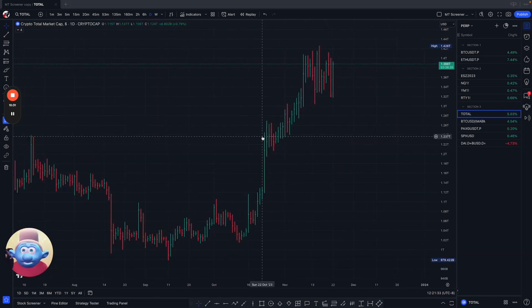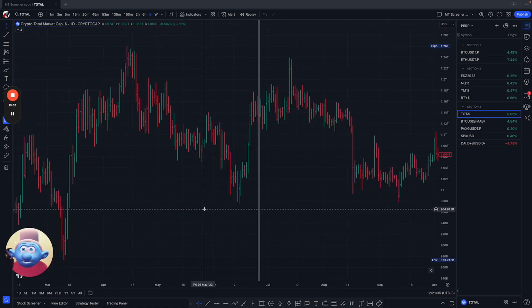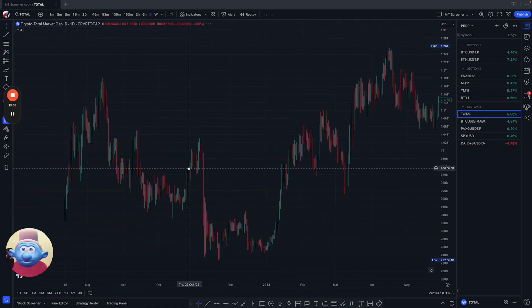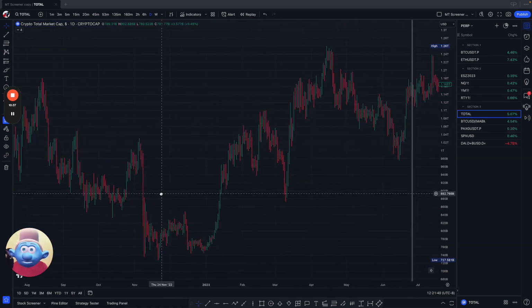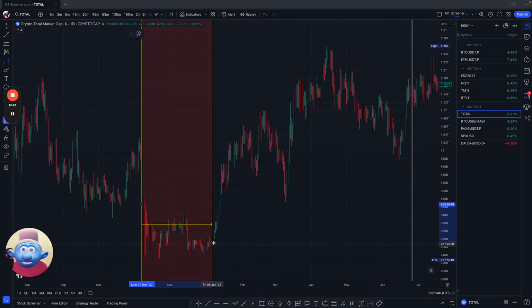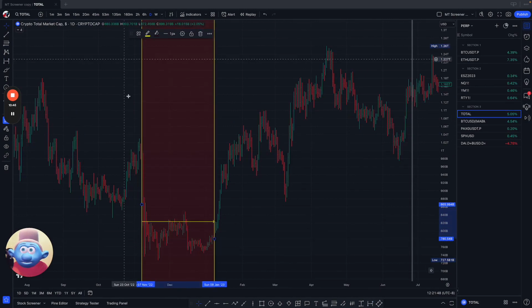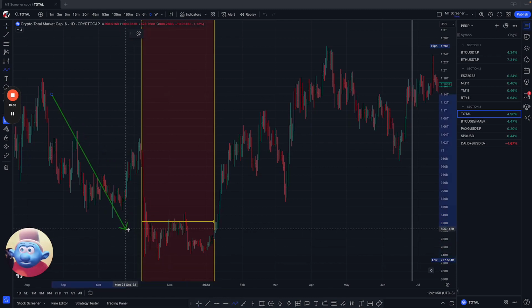So let me scroll back in the chart here. Everybody can see my chart. I think I can draw this out. There's stage one, which would be your accumulation period where there's been a decline in price.